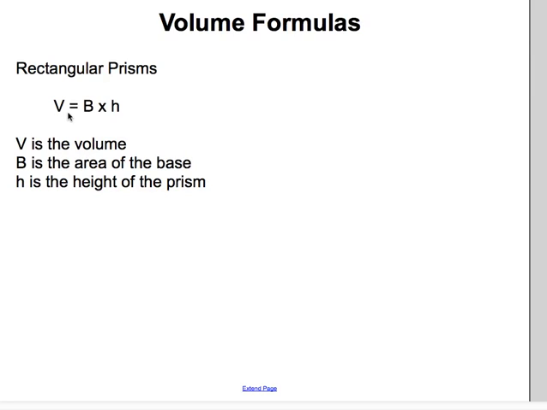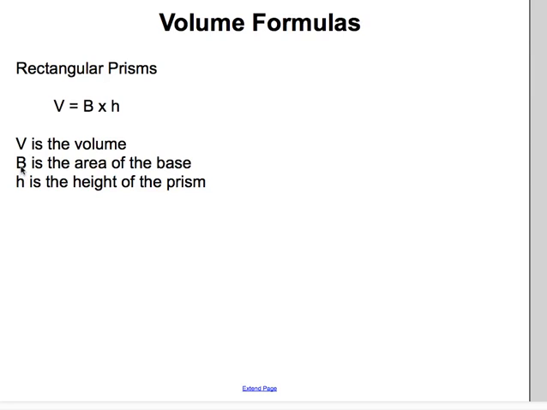Okay, so volume equals, now this capital B stands for the area of the base. Remember when we did area formulas, we had a lowercase b? That lowercase b stood for the length of the base. This is different. This is a capital B, and it's really important that you make the distinction.